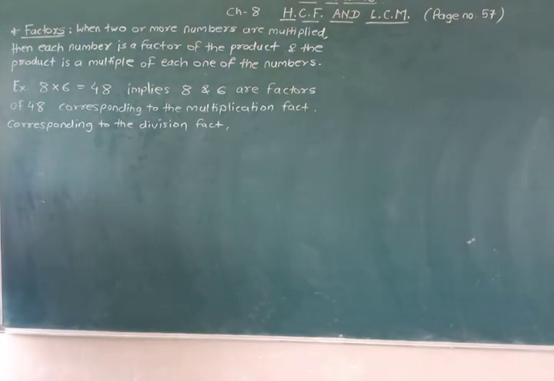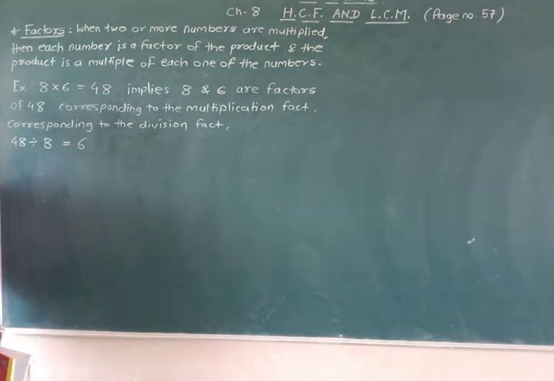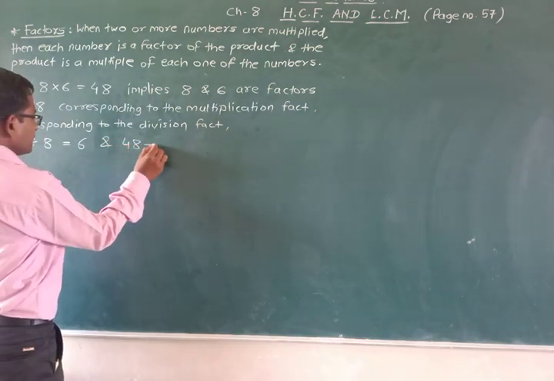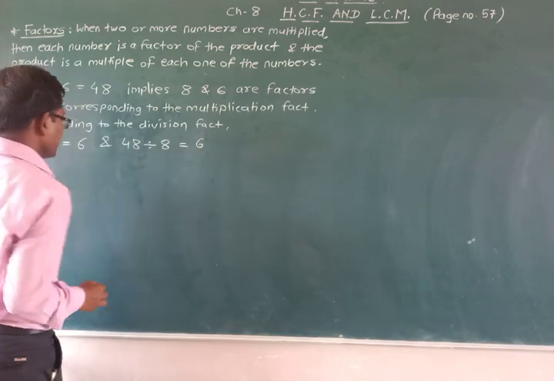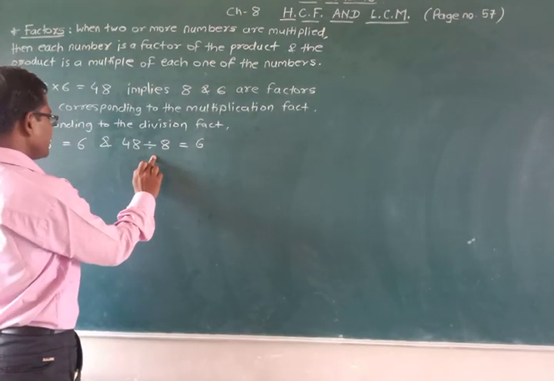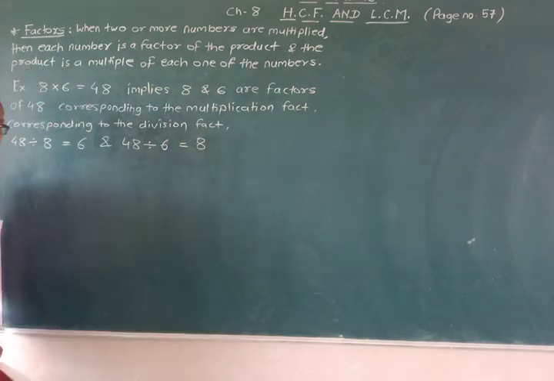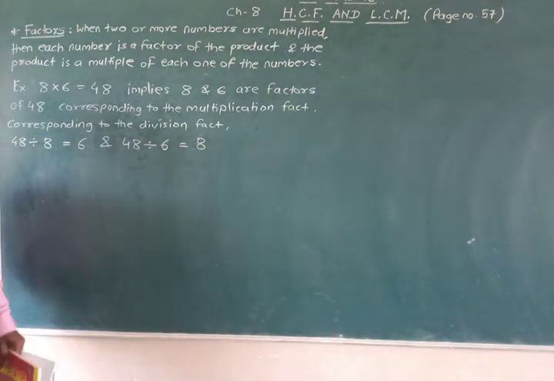Corresponding to the division fact: 48 divided by 8 is 6, since 8 sixes are 48. And 48 divided by 6 is 8, since 6 eights are 48.